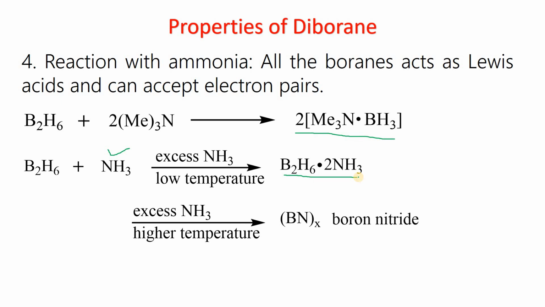It has a graphite-like layer structure, because the number of electrons in one boron and one nitrogen are the same as two carbons.